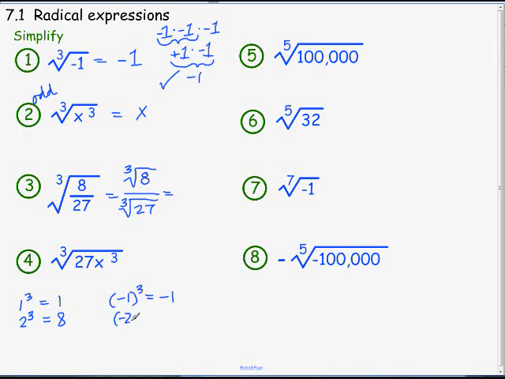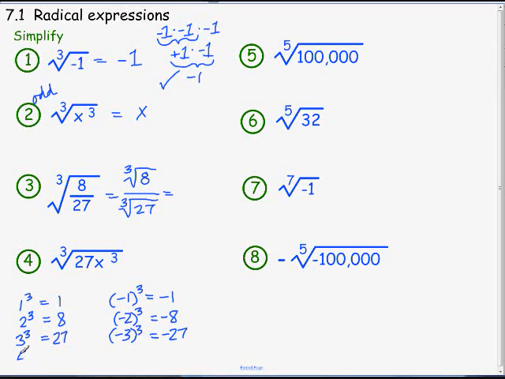Negative 2 cubed is, right, negative 8. 3 cubed: 3 times 3 is 9, times 3 again is 27. So a negative 3 cubed is negative 27. And let's do one more.